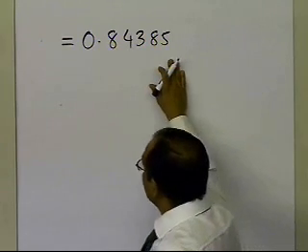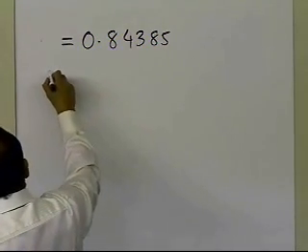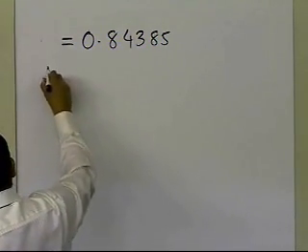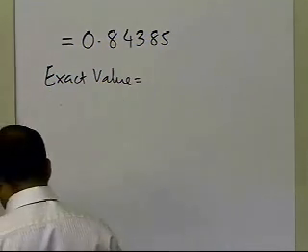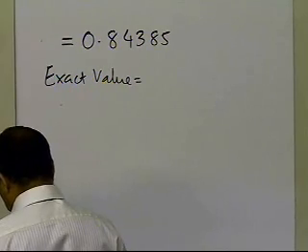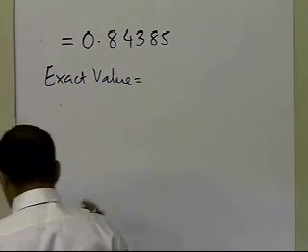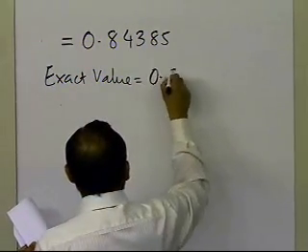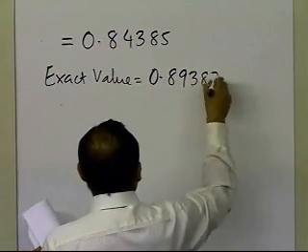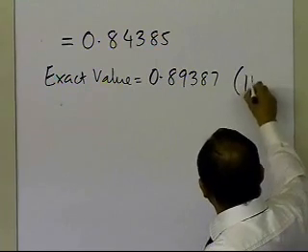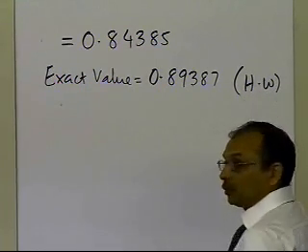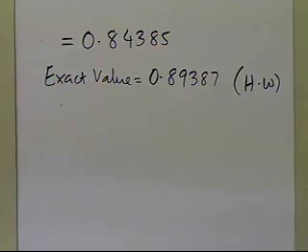So let's calculate what the true error is. We already know what the exact value is. The exact value for this integral turns out to be 0.89387. This is something which you can do as homework by using your integral calculus knowledge to calculate that exact value.